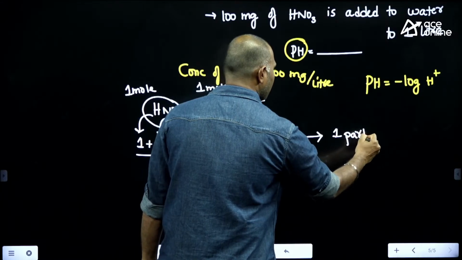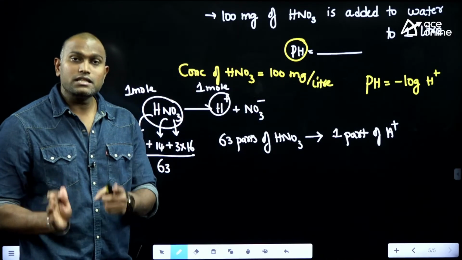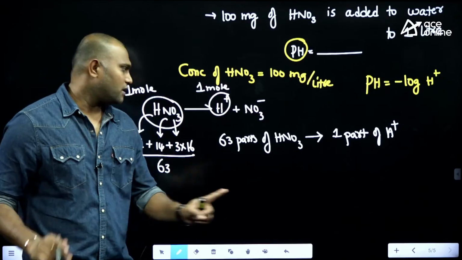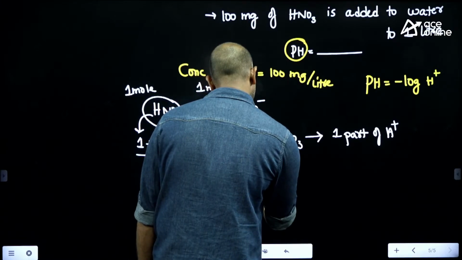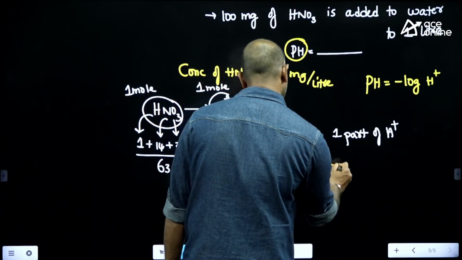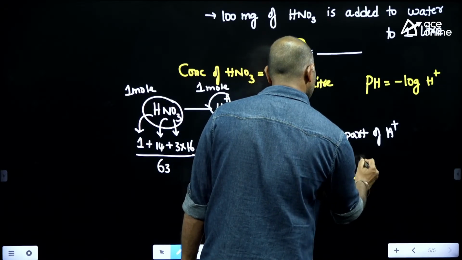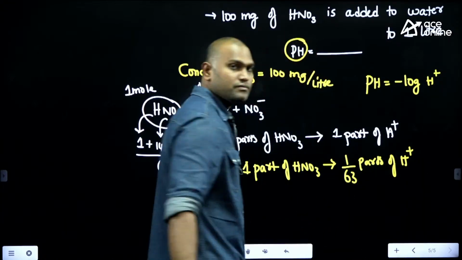1 part of H plus ions, right? 63 parts releases 1 part. Then 1 part of HNO3 gives how much? 1 by 63 parts of H plus ions.